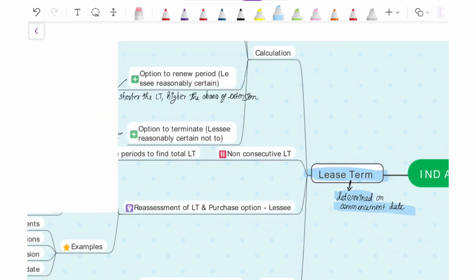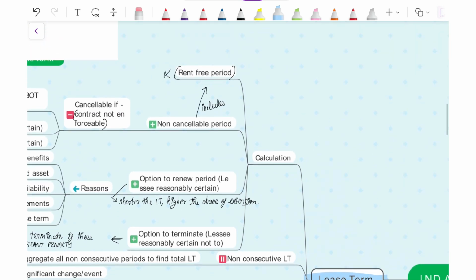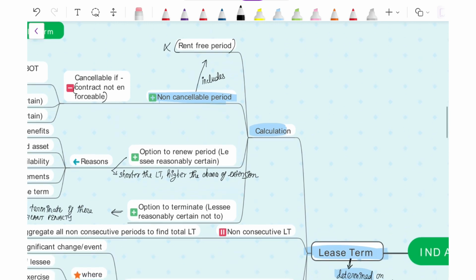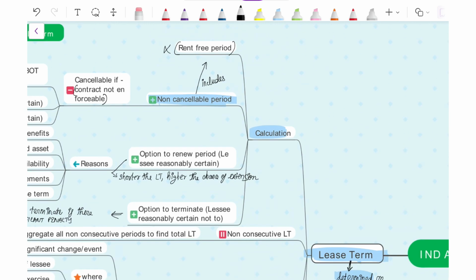Okay, so here the lease term is calculated as follows. First, you have to take in the non-cancellable period. Non-cancellable period here means the period where you have to have the component on a lease, and you cannot say no to it, or you cannot return it, or you cannot give it back to the lessor.